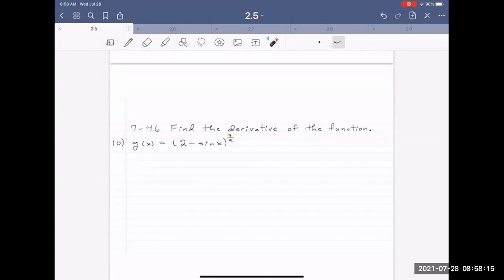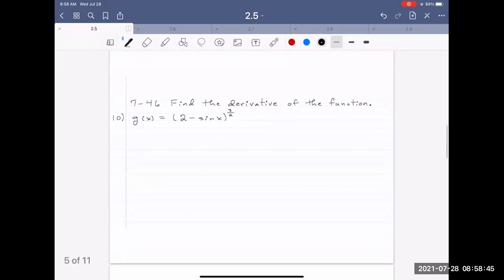Okay, so let me do problems 7 through 46. Find the derivative of the function. Problem 10. g of x is equal to 2 minus sine x to the 3/2. So I'm going to use the chain rule, but there is something called the general power rule, which is the chain rule for a particular function, for the fact that your outer function is just a power function.